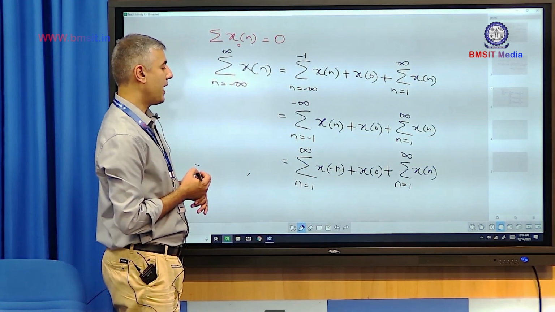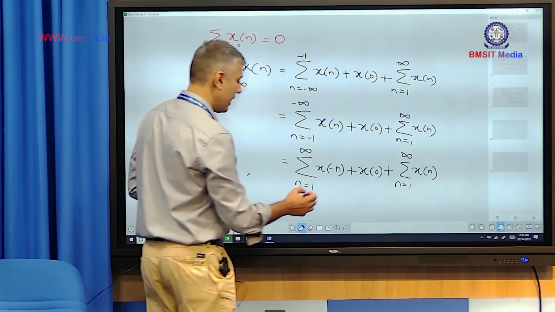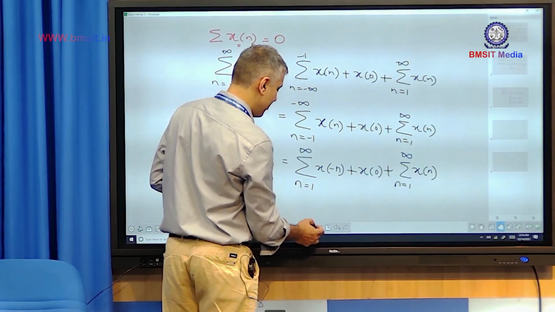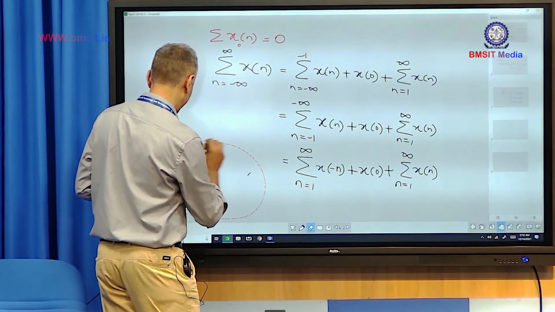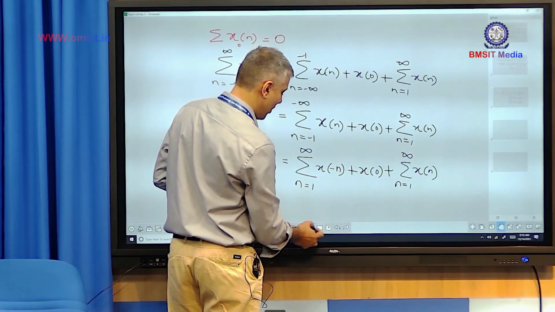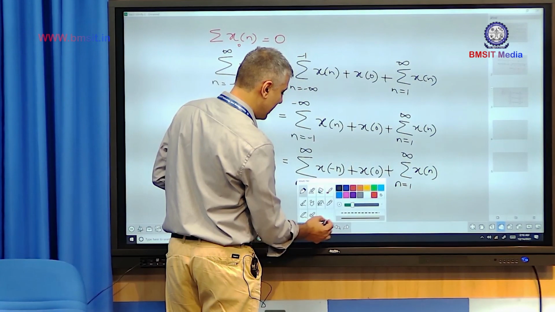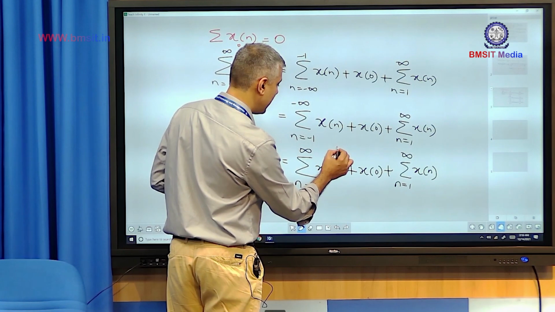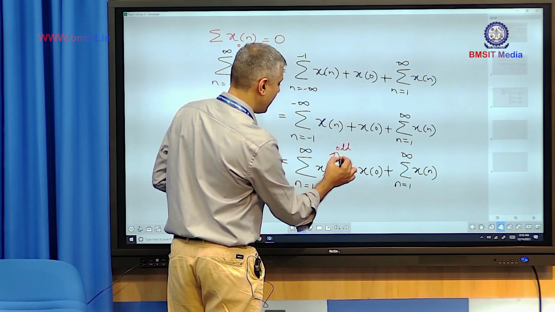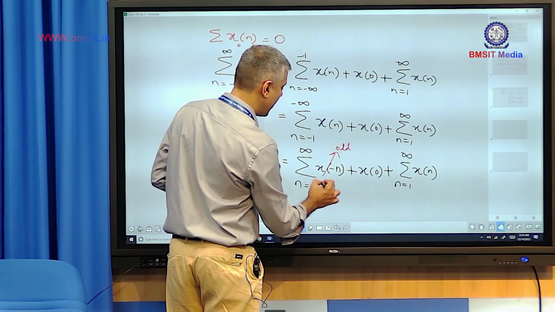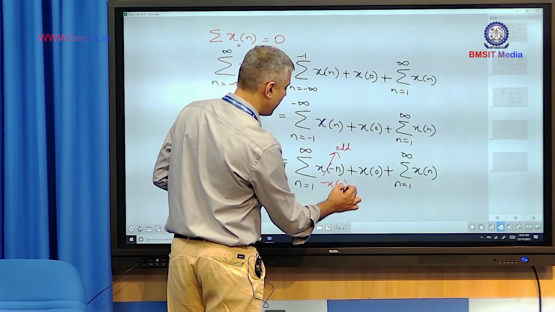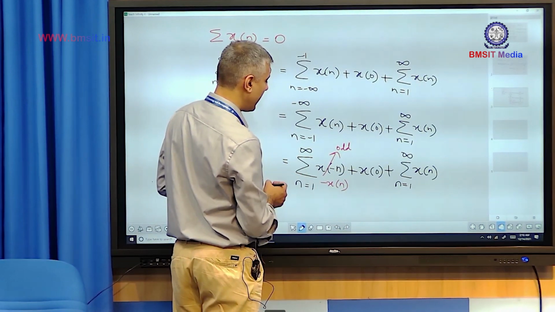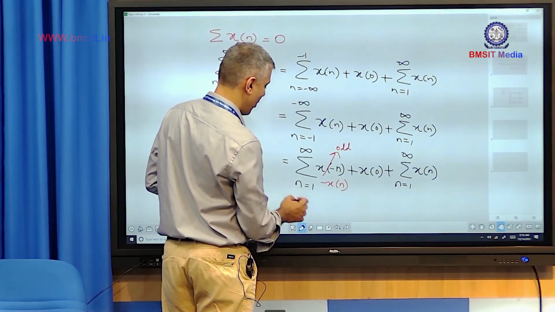Now, just now we had discussed that the signal is odd. The signal being odd means that x of minus n is equal to minus x of n. So what I can do is replace this whole part by minus x of n.